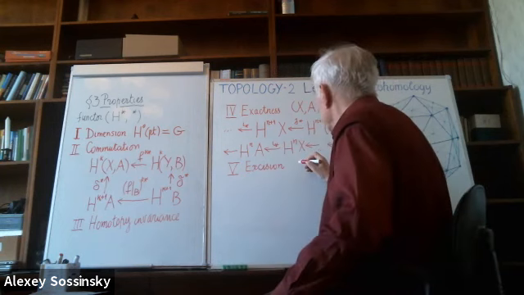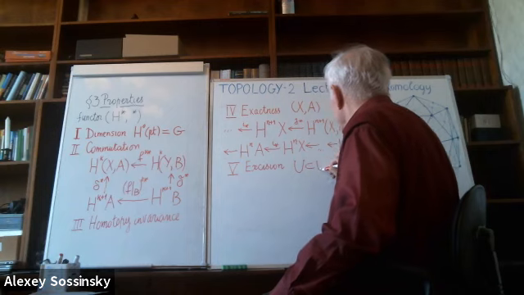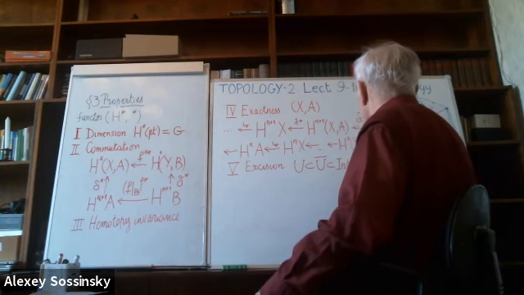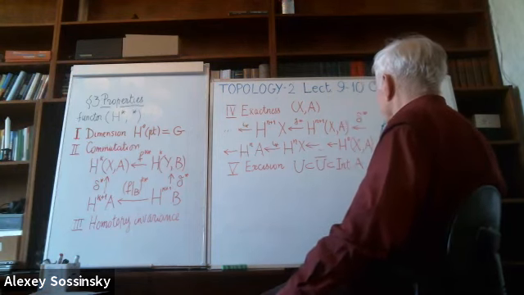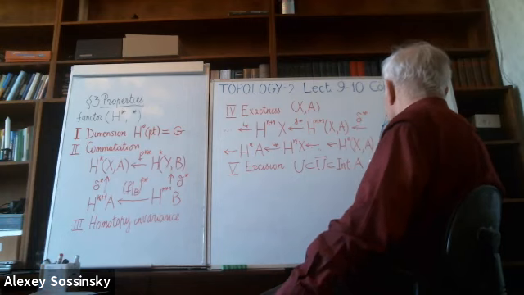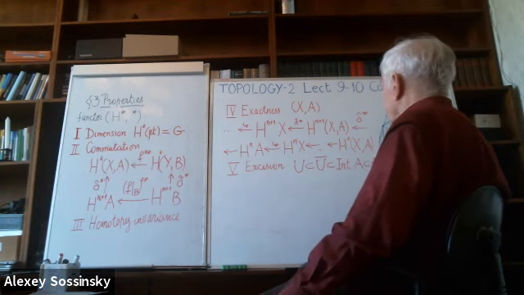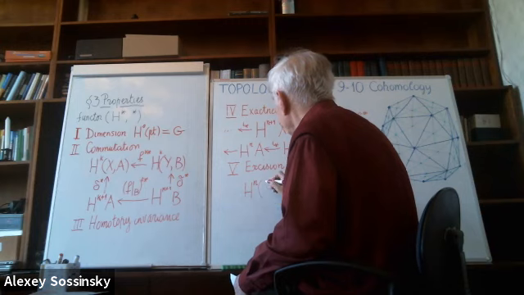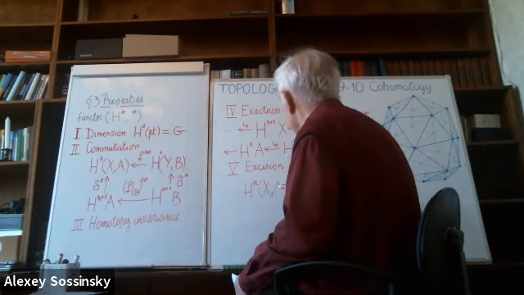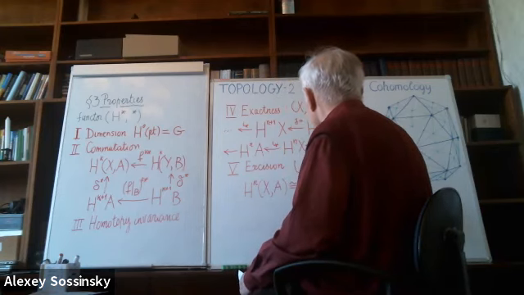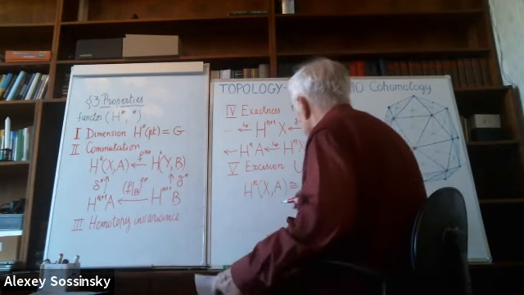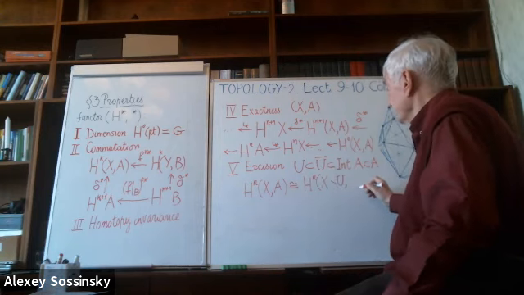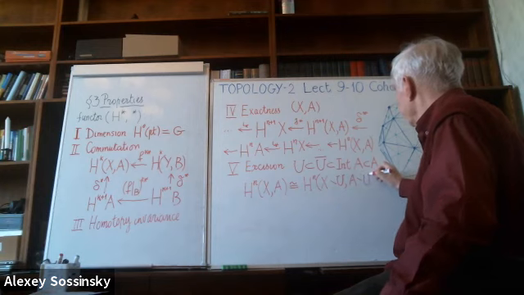It says the following: if you have an open set U, which is of course contained in its closure, and that is contained in the interior of A, which in its turn is contained in A, then in this situation, we have H^n of (X, A) is isomorphic to H^n of (X minus U, A minus U).